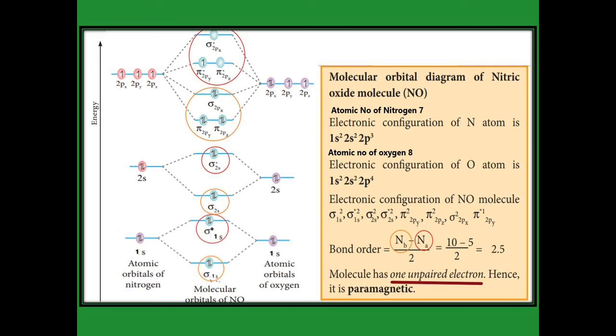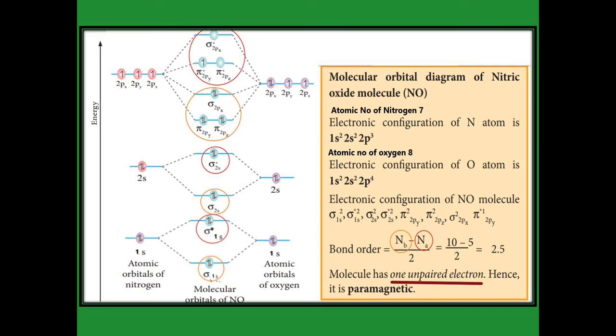that is nitric oxide. First, the 1s orbitals combine with each other to give sigma 1s and sigma star 1s. Afterward we fill the electrons. Next we move to 2s: 2s of nitrogen and 2s of oxygen combine with each other to give sigma 2s and sigma star 2s.